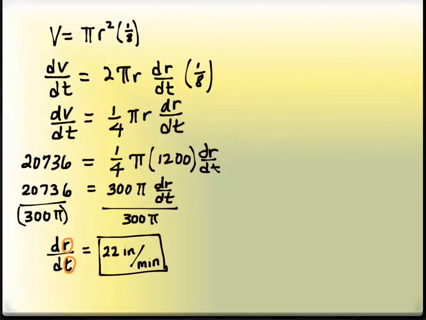What is 22 inches and, like, what is the inches cubed? If the 20,736 was inches cubed, why is this not inches cubed? Okay, so right here, this one, let me use a different color. This problem right here was inches initially, and it was inches cubed per minute, right?